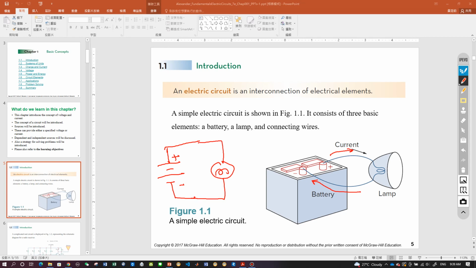So it forms a current that will go here, go through this lamp, and come back to the negative side. Look at that, it forms a circuit, a closed loop. This word closed is very, very important. Just remember, closed. 封闭回路, closed loop, is very, very important for you.